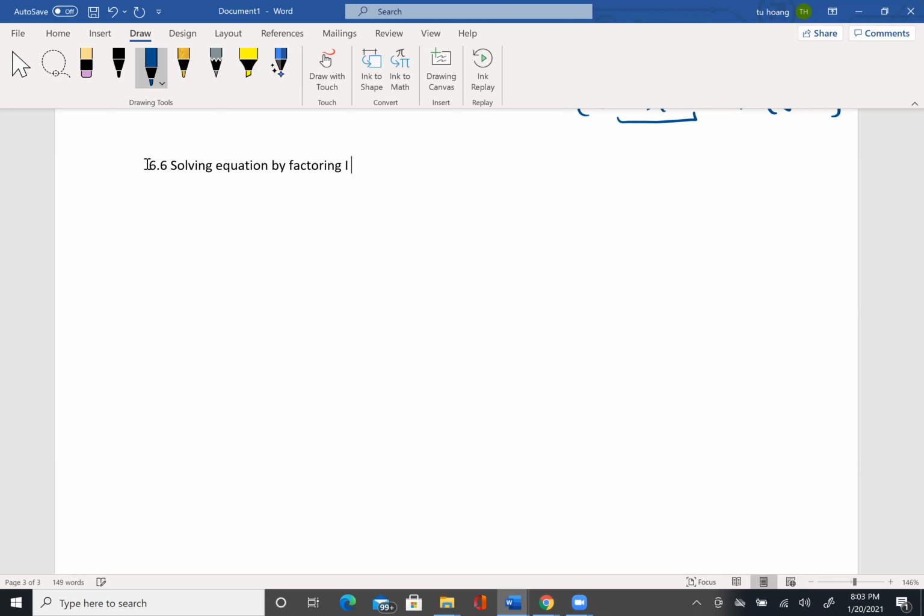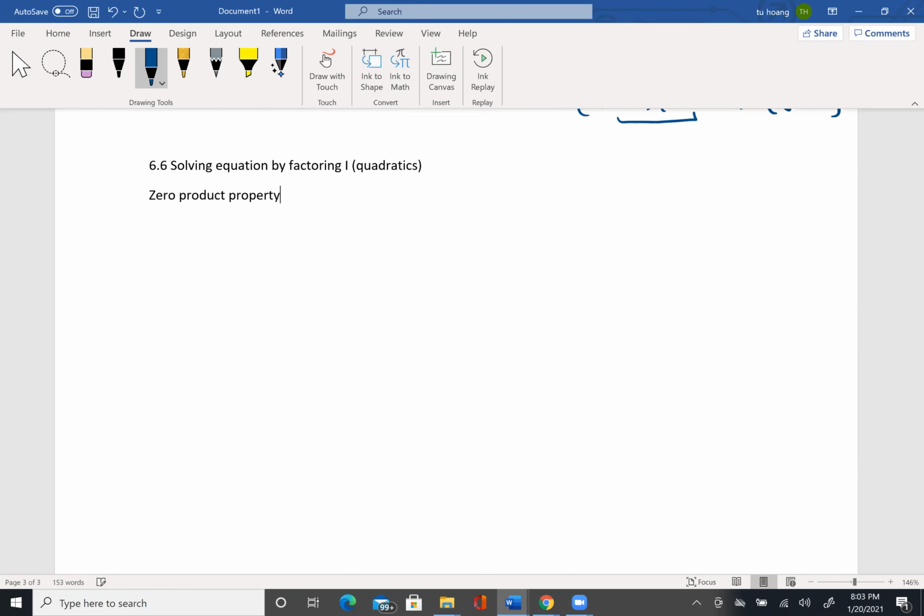Let's say 1, which is quadratic. Okay, so in this section, it should be about the zero product property.